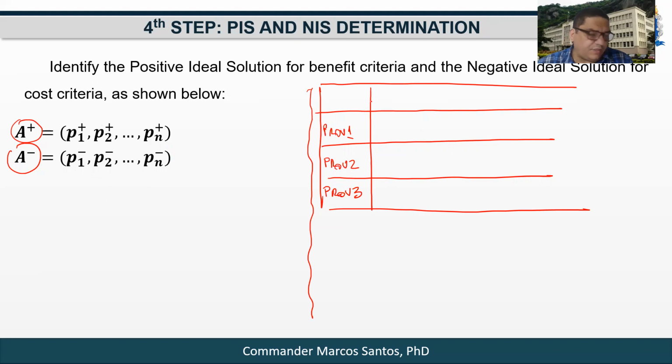And in columns, we have cost, deadline, and velocity.